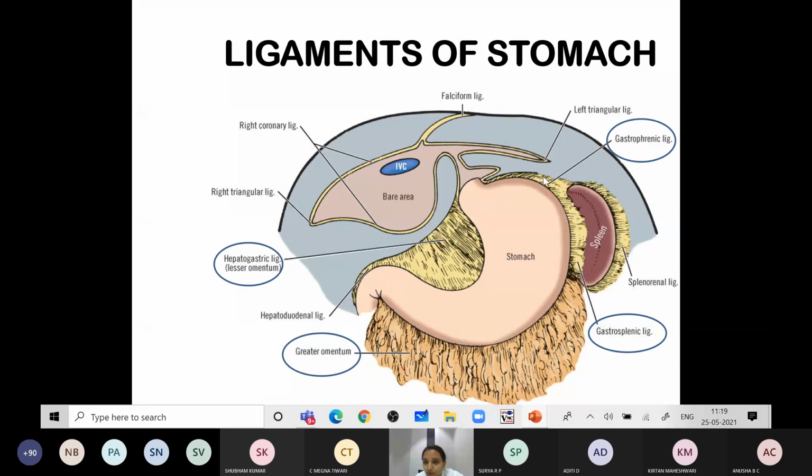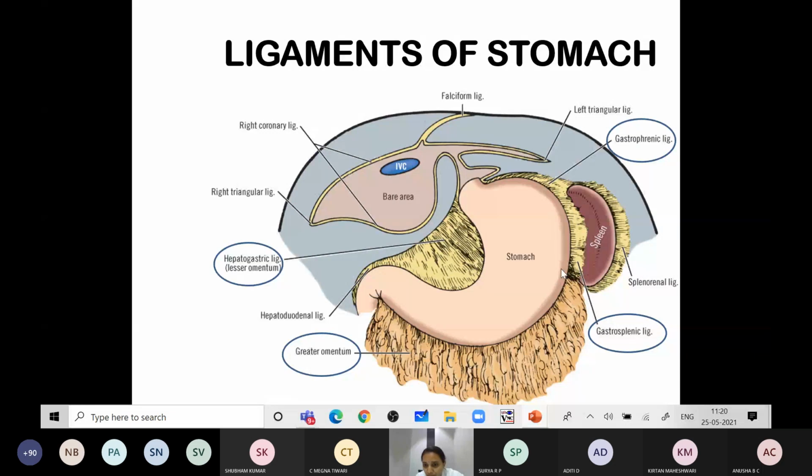From the stomach to the diaphragm is the gastrophrenic ligament. When we trace a little downwards, the upper part of the greater curvature is reflected over the spleen as the gastrosplenic ligament. From the spleen, it is reflected back on the posterior abdominal wall as the splenorenal ligament.